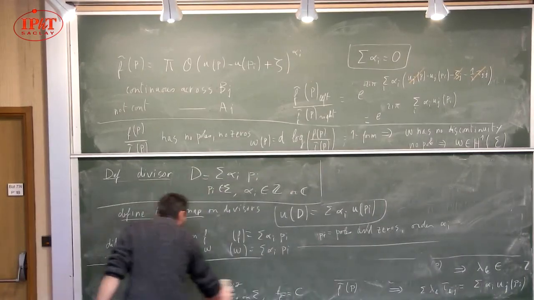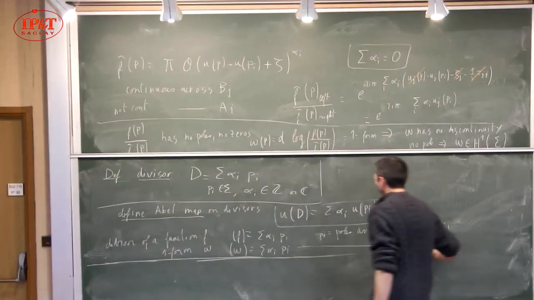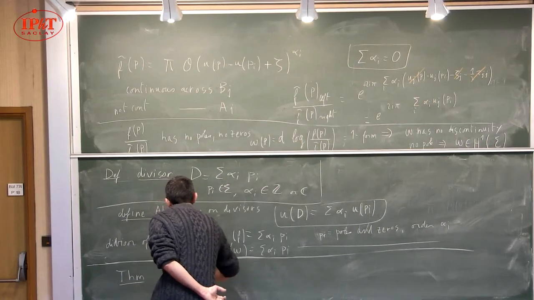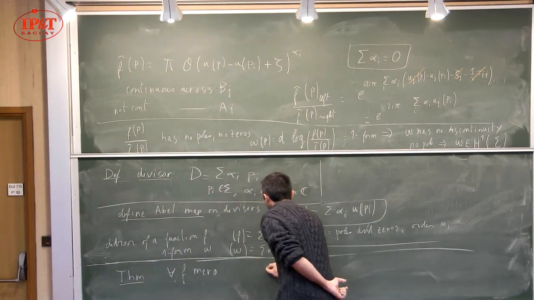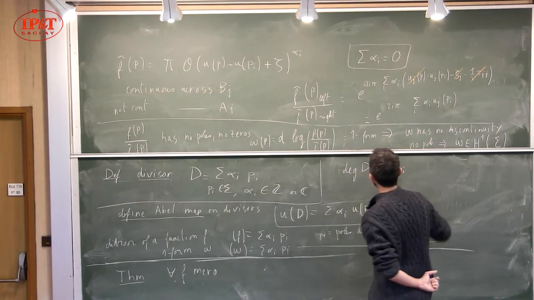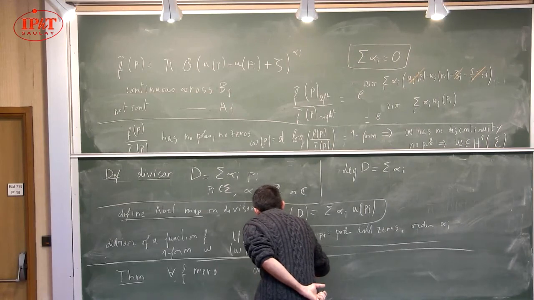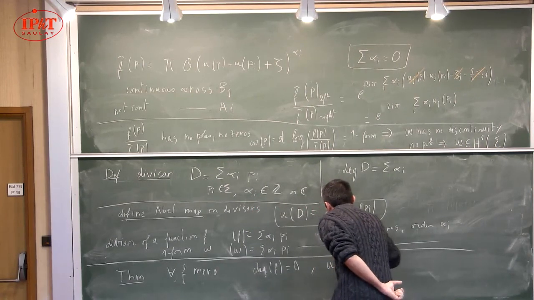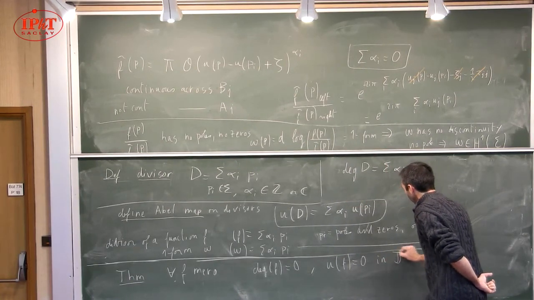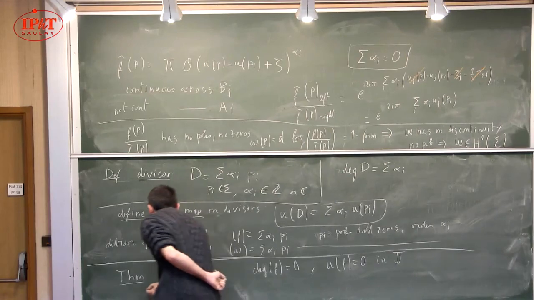And what we have proved here, the theorem, is that for every meromorphic function f, where we define the degree of D as the sum of alpha i, we have degree of (f) equals 0 and U of (f) equals 0 in the Jacobian. In fact, the reciprocal is true as well.